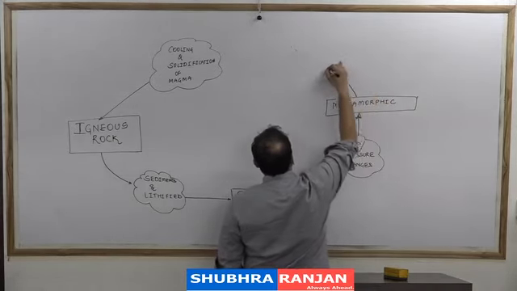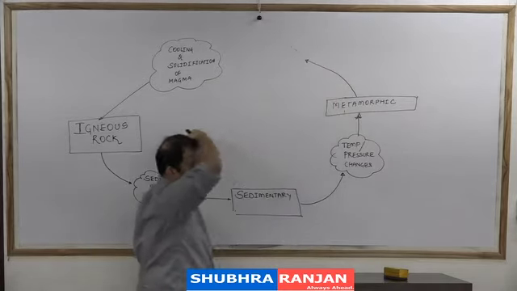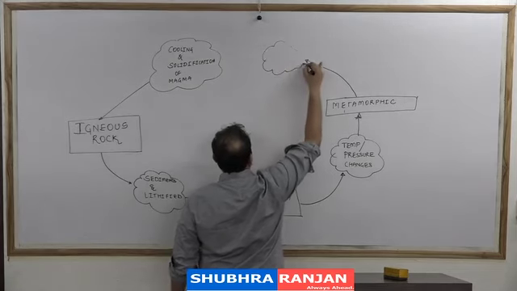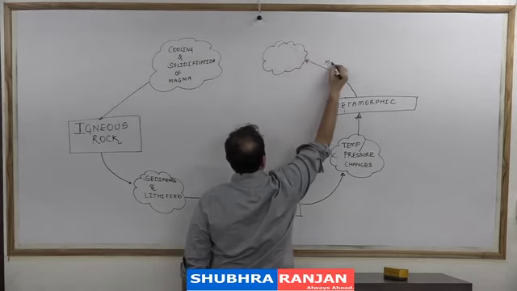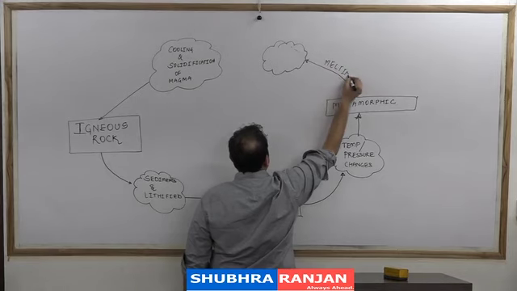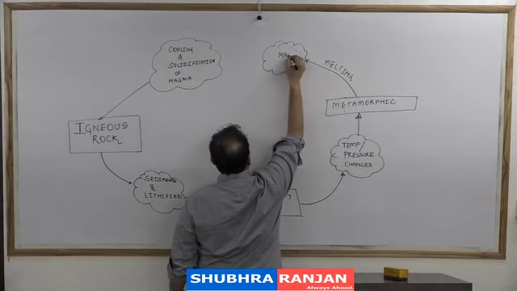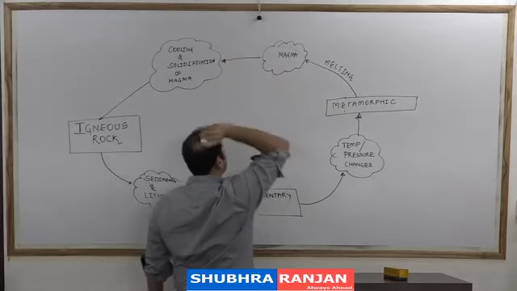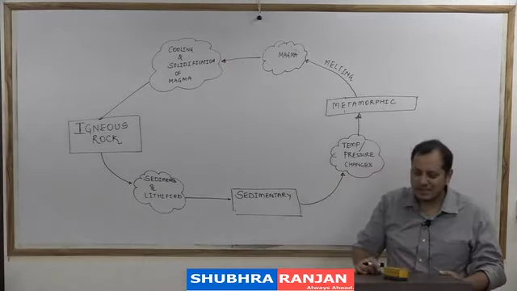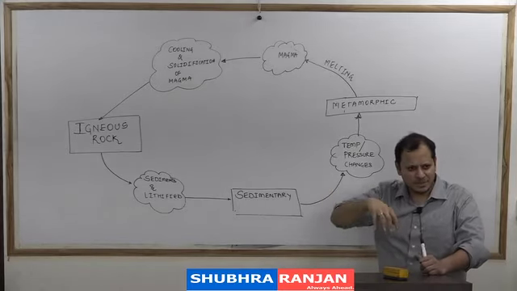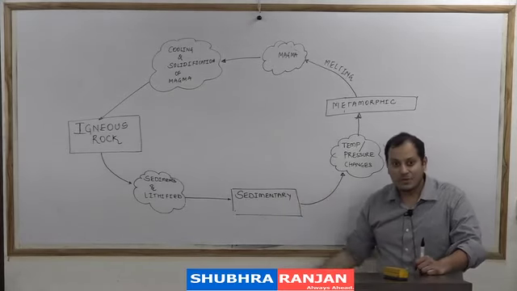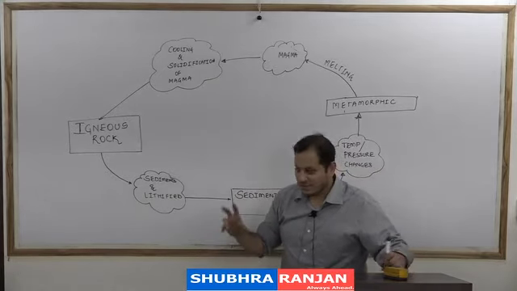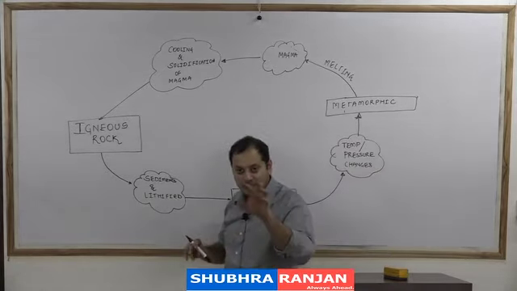And this metamorphic rock, due to subduction or due to melting, very high temperature, can I say it may become magma? And this magma over the period of time may cool and solidify to again form an igneous rock. So it will go into the subduction zone, it will become a part of magma, it may come out due to seafloor spreading, or it may come out due to volcanic eruptions. So this entire process is one rock cycle.